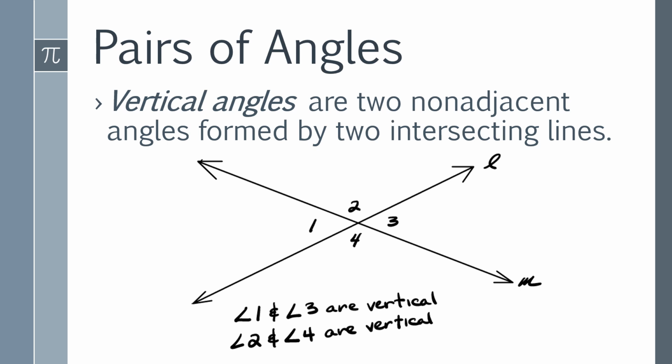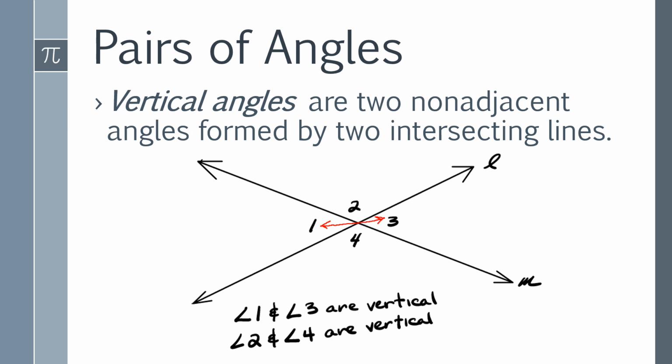Okay, a vertical angle is formed by two non-adjacent angles formed by two intersecting lines. So we have these two lines in here, and we look at angle 1 and angle 3. Both of those angles are what we would call vertical angles. All right. The only thing they have in common is the vertex.